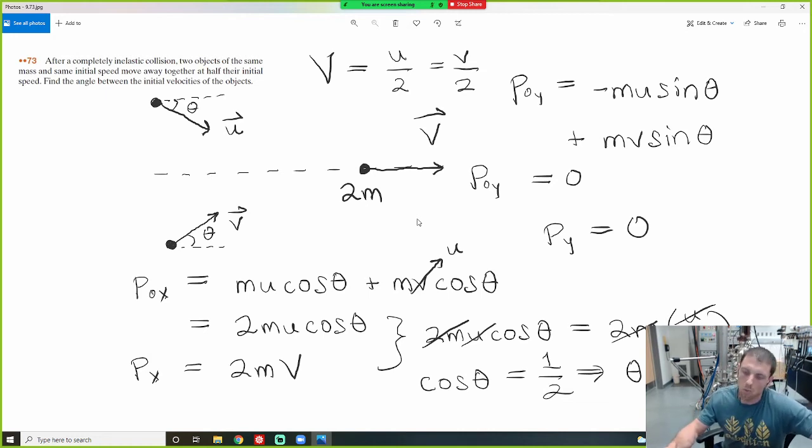But remember, what we wanted was the angle between the velocity vectors, whereas what we're calling theta here is the angle the velocity vector makes with the positive x-axis, above or below. So very last thing to do is just say, let's define big theta. That's what this is supposed to be. Big theta should look like that, maybe.